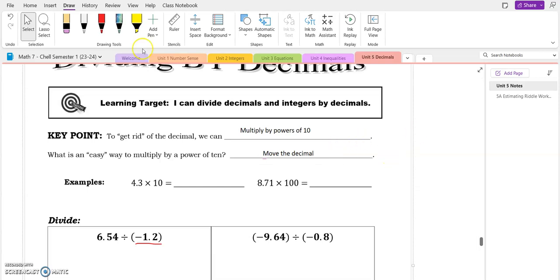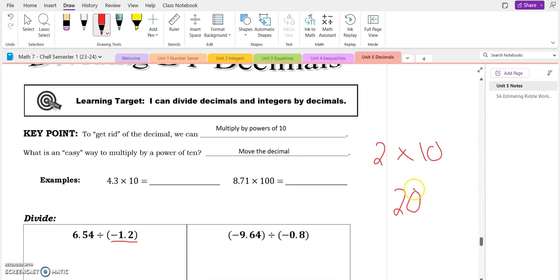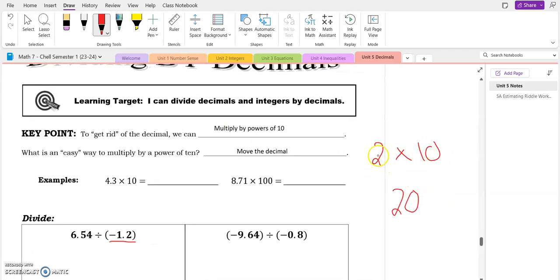So if I give you the problem, let's say 2 times 10. Well, 10 is a power of 10, and we know 2 times 10 is just 20. If you also think about it, if we multiply by a power of 10, this one has just 1 zero. All we do is move the decimal 1 time over and put a 0 in that spot. And we can see that's exactly what happened when we multiplied 2 by 10 here.